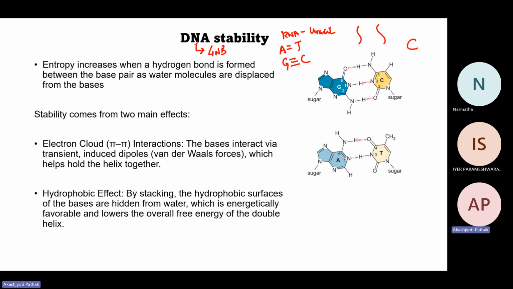These nitrogenous bases are not very polar structures. So once the bases stack over each other, their hydrophobic surfaces get hidden from water, which lowers the overall free energy and gives stability to the DNA molecule.